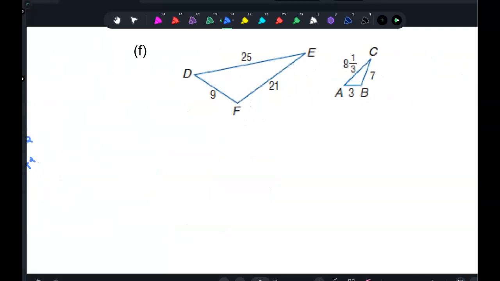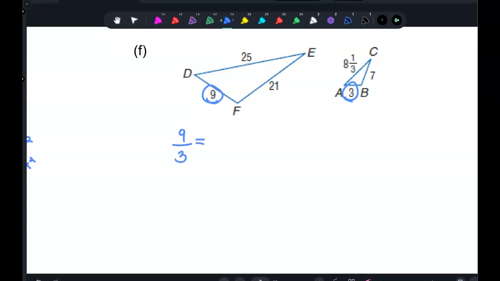Okay, one more of these. We have F. I don't know any of the angle measures, so the only option here would be side similarity. Let's take a look. Let's say I want to compare 9. When it's drawn in a different orientation, we just need to make sure we match up corresponding sides. If 9 is the smallest one in DEF, we have to compare that to 3.